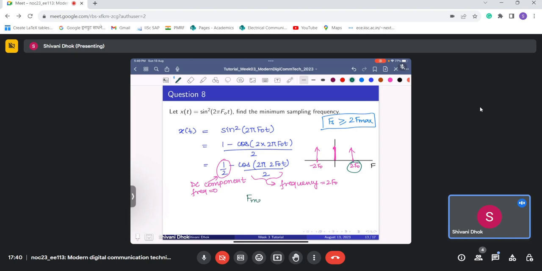So f max is equal to 2f0, and therefore the minimum sampling frequency is simply 2 times f max. So fs minimum is 2 times f max, and this comes out to be 2 times 2f0, which is equal to 4f0. Any questions?